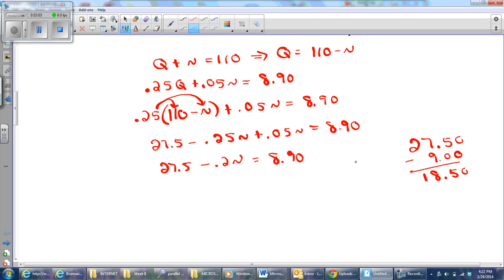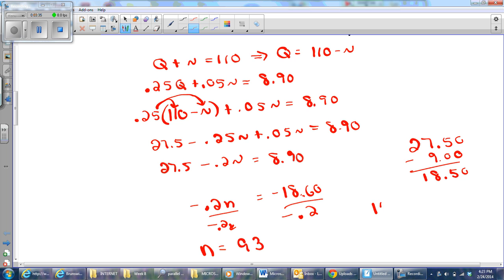But we're taking away 8.90, so 10 cents less, so it's going to be 18.60. Now, it's not 27.50 minus 8.90, it's 8.90 minus 27.50, so it'll be a negative answer. Divide by negative 0.2, and if you do the math, you're going to come out with N is 93.